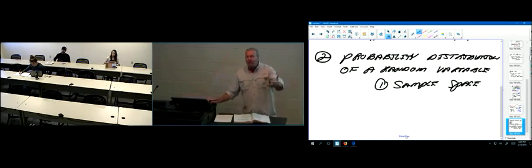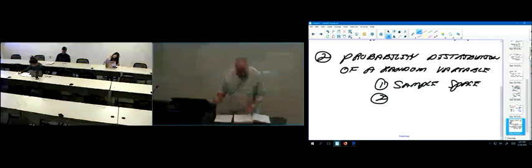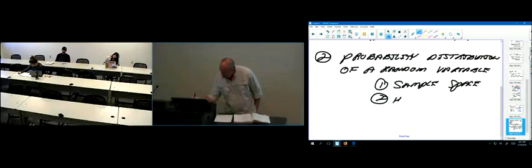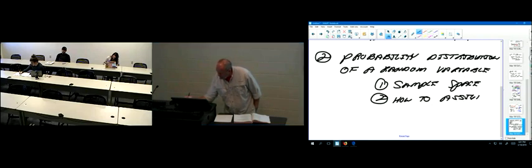What values can your random variable take? And two, it tells you how to assign probabilities to those values in your sample space.